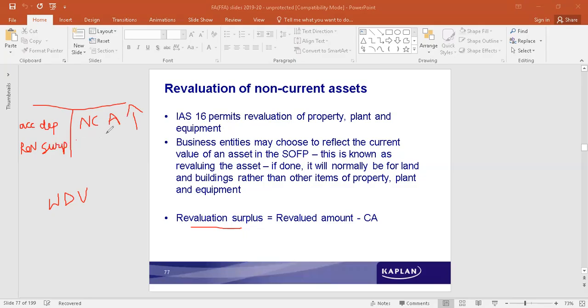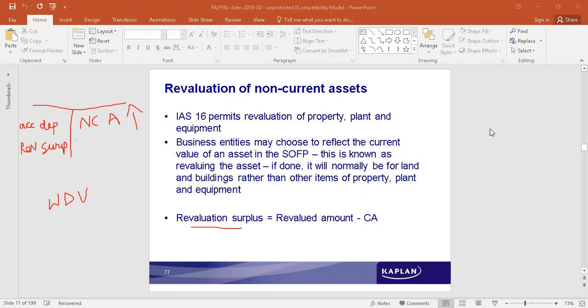So the increased non-current asset and the increased revaluation surplus will tally on both sides. The balance sheet will match, because whatever was the increase on account of appreciation in the value is also adjusted on the liability side as revaluation surplus.